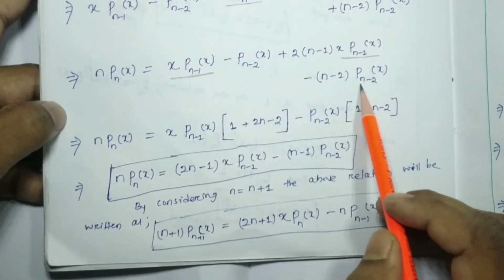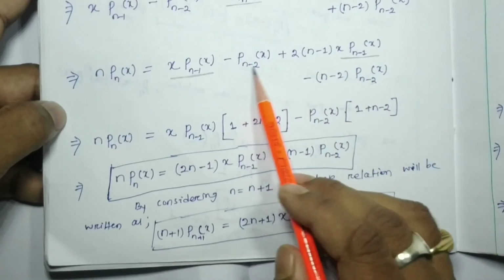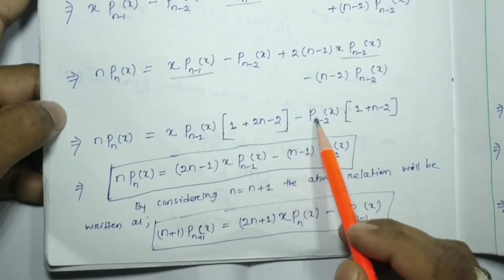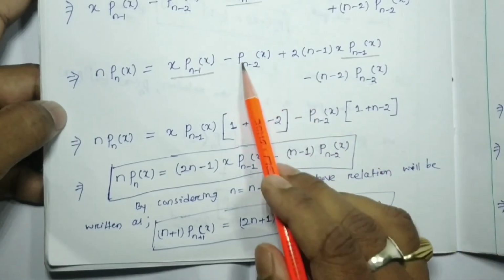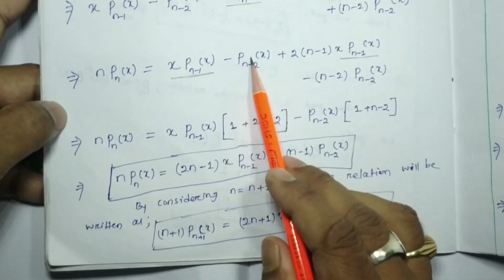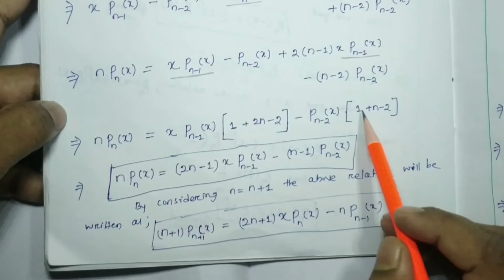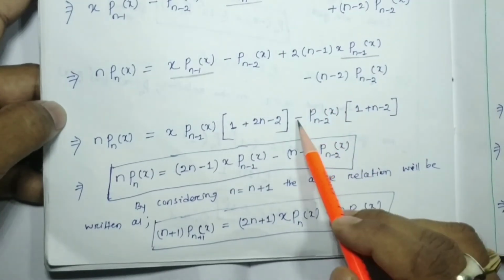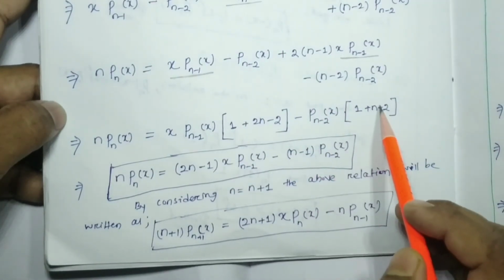Then here P n minus 2 is there in both terms. Taking common minus P n minus 2 of x, after taking this out, it will be 1, and here it will be plus n minus 2.